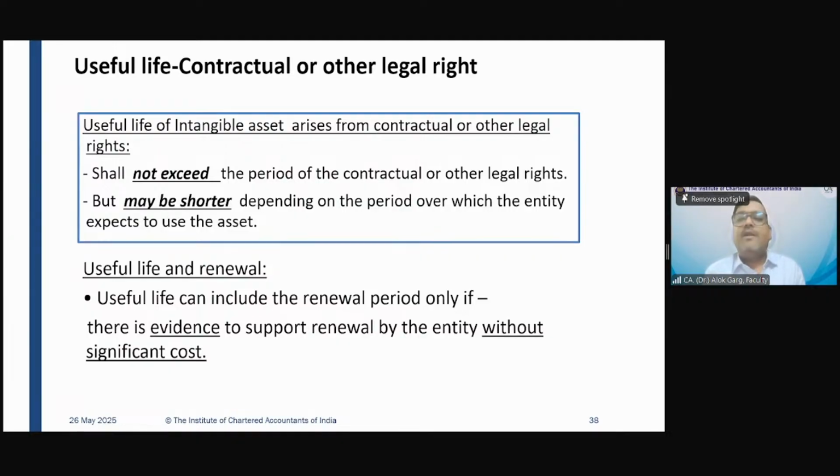For example, you have done a business combination and you have recognized a goodwill, and you don't know up to how many years you will get the future economic benefit from that goodwill, whether the life is finite or indefinite.